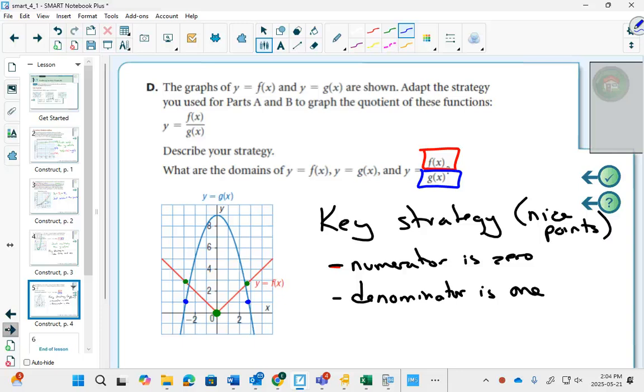Other nice points. And at any time, if there is a point that you can do, like I would look on here, and if this red point's at 1, this blue point is at 8. If I did red divided by blue, I would get 1 divided by 8, which is 1/8.